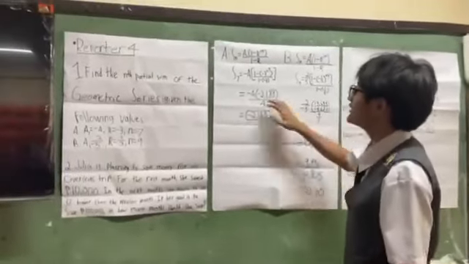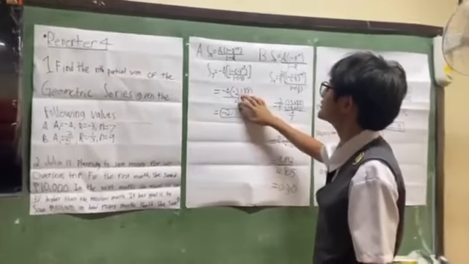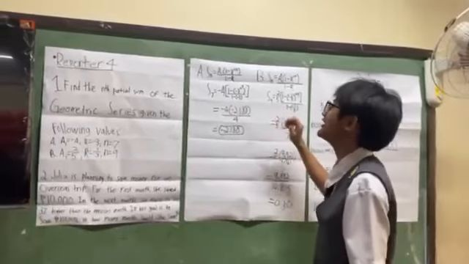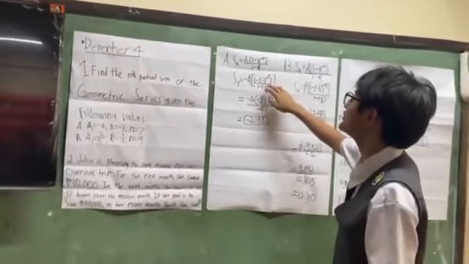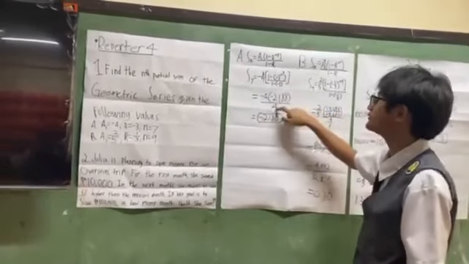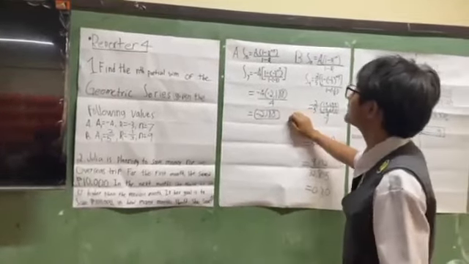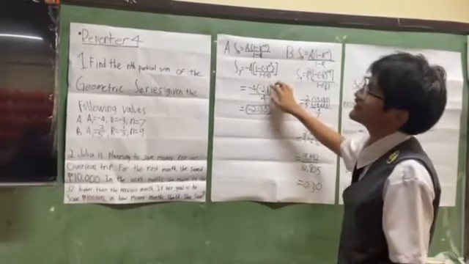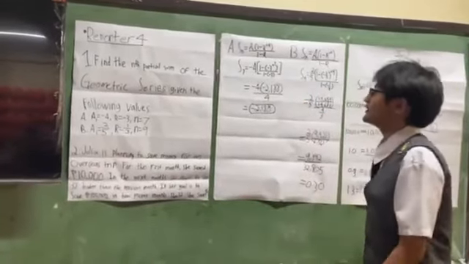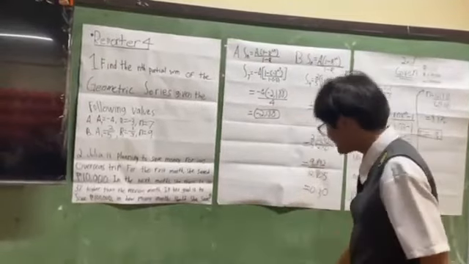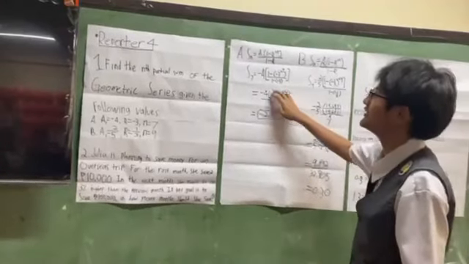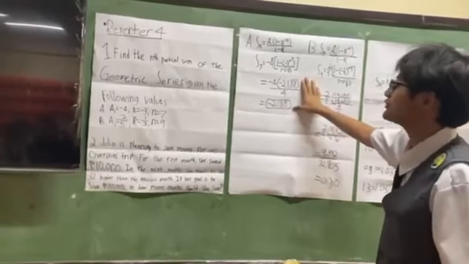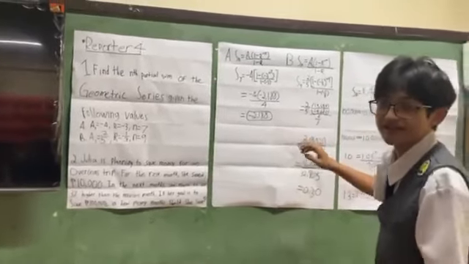So, negative 4 times negative 2188, since negative 2188 is 1 minus negative 3 to the power of 7. Now, for the denominator, 1 minus negative 3 is positive 4. Next, cancel these numbers to get the answer. So, the answer would be negative 2188.